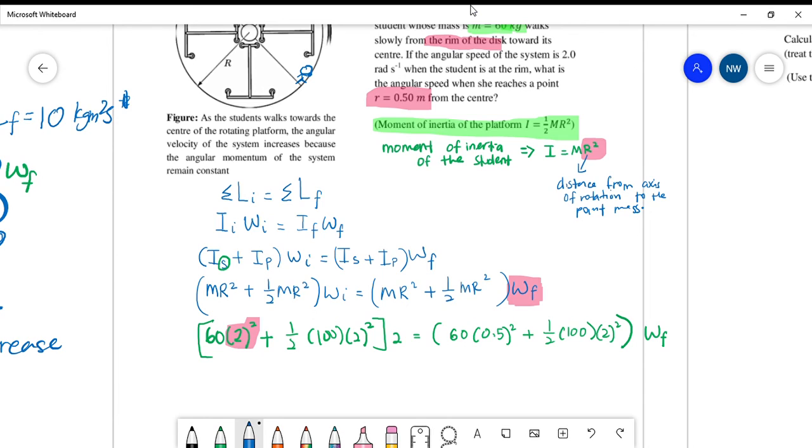That's why we just take the distance as the same as the radius of the platform, because the student stands on the rim initially, which is almost towards the end of the platform. So we will get the answer, which is 4.09 radian per second.